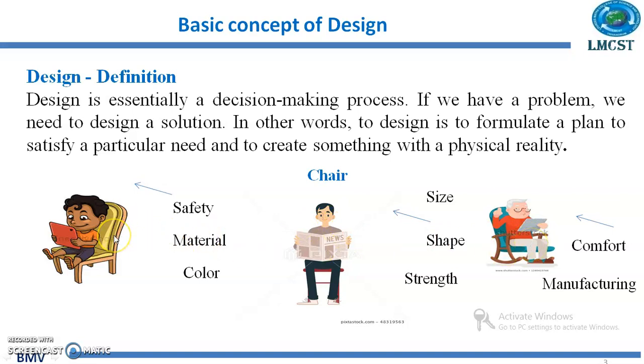If it is for a kid, safety is a primary concern. You can make the chair using different materials such as wood, metal, plastic. For a kid, we can use plastic. It will be safe. Then the color of the chair. Kids will be attracted to bright colors. So you have to consider that also.